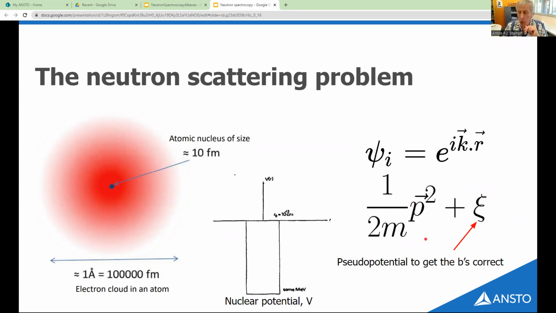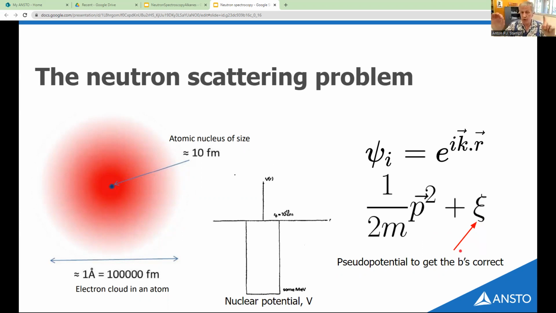But the Hamiltonian, and I've used the Hamiltonian here in a sort of classical mechanics way, just to say this is a momentum here, etc., right? But you don't have the nuclear potential, you have a pseudo-potential here, that gets the correct values, which is just the scattering lengths.